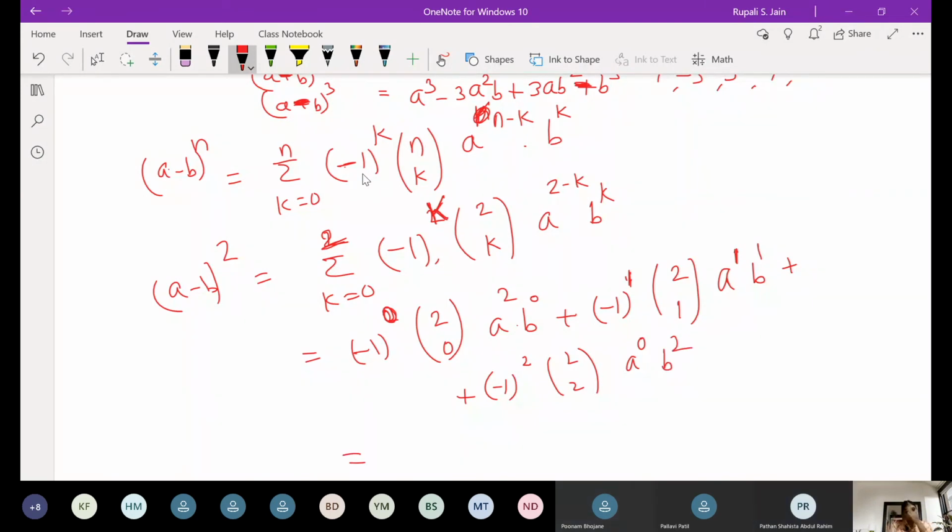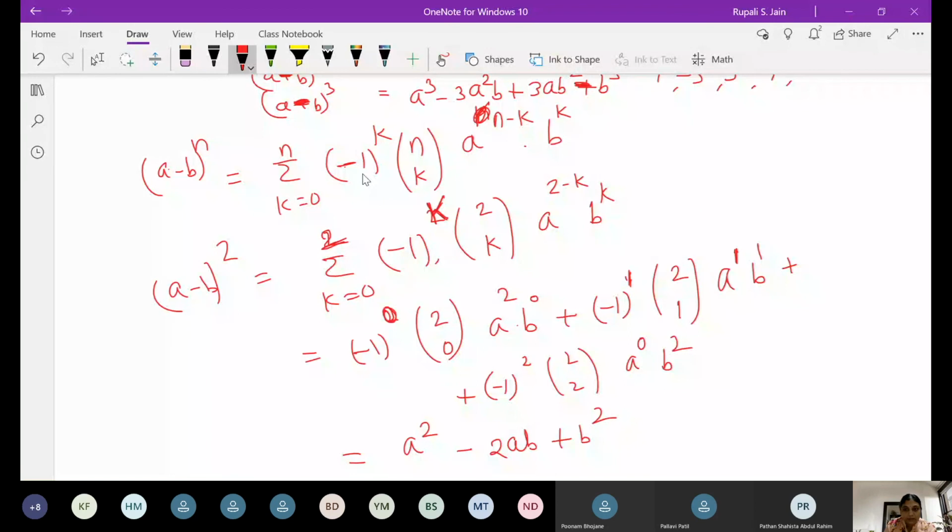What will you get? Minus 1 raised to 0, 2 choose 0 is 1, a square. Then minus 2ab, plus b square. Is it? Yes. 2 choose 1 is 2, right?